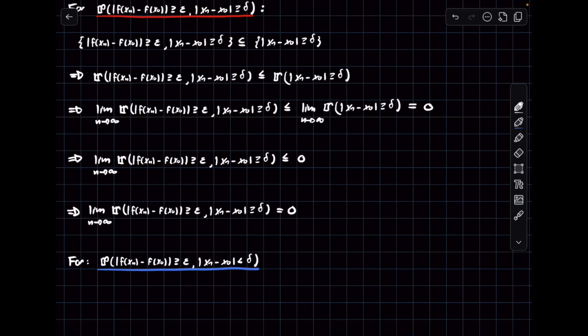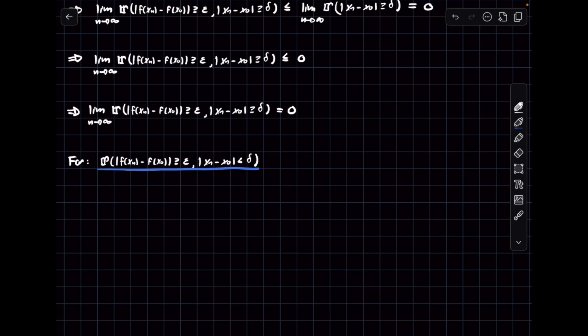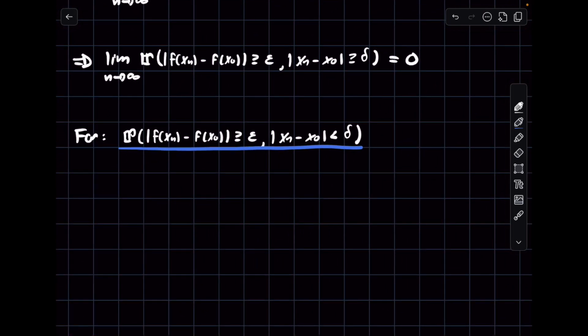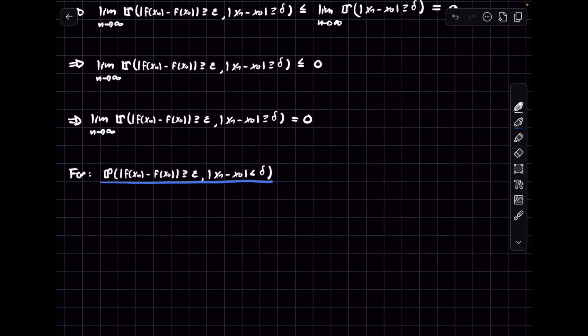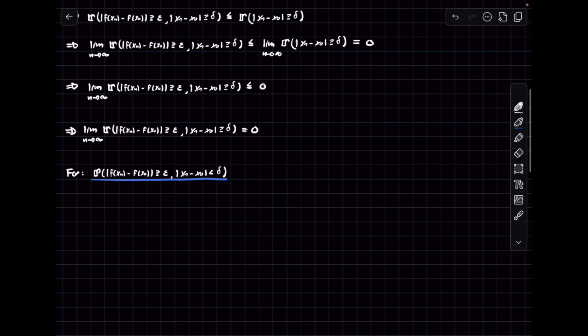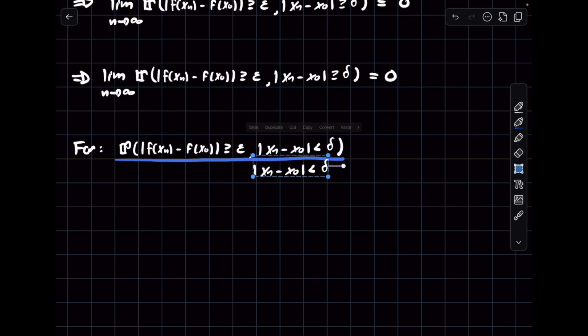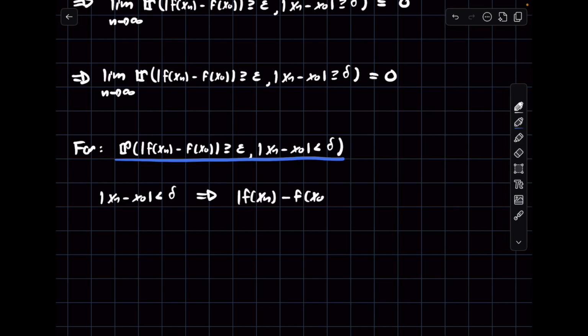Now what does the blue part say? Well, we know for a fact that, we just have to understand something real quick. So if we take this guy, then it means, by the law of continuity, that fx of n minus fx of 0 is going to be lower than epsilon.